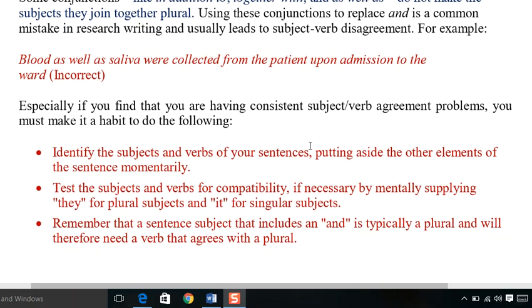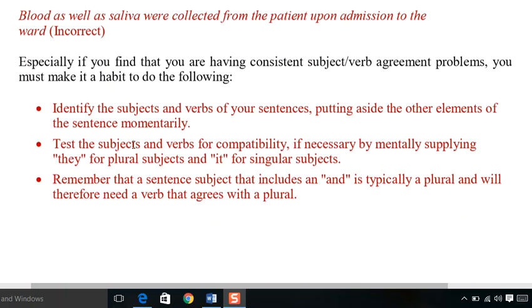Like: blood as well as saliva were collected from the patient upon admission to the ward. It should be: blood as well as saliva was collected from the patient upon admission to the ward.